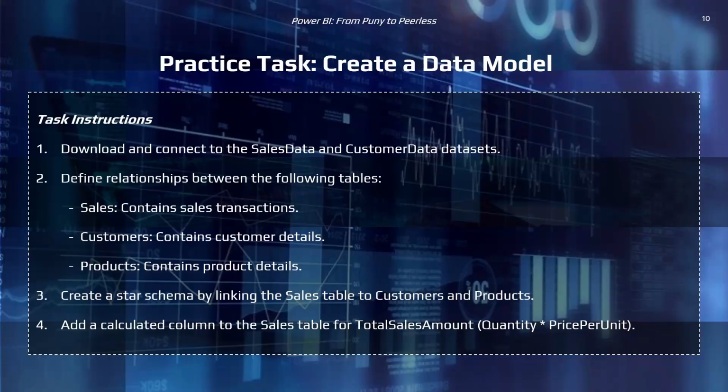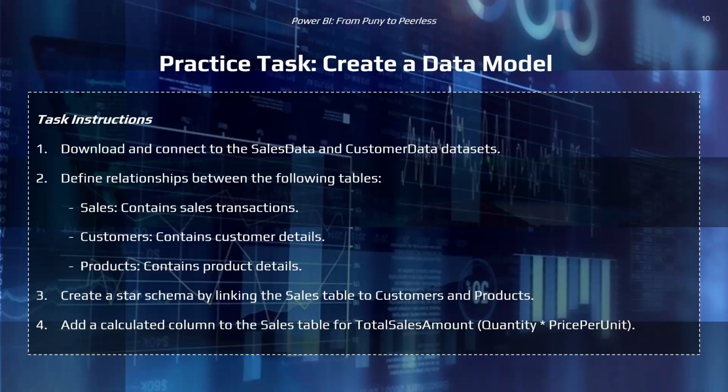Let's reinforce what we've learned with a hands-on exercise. Practice task. Create a data model. Task instructions. First, download and connect to the sales data and customer data datasets. Second, define relationships between the following tables. Sales contains sales transactions.